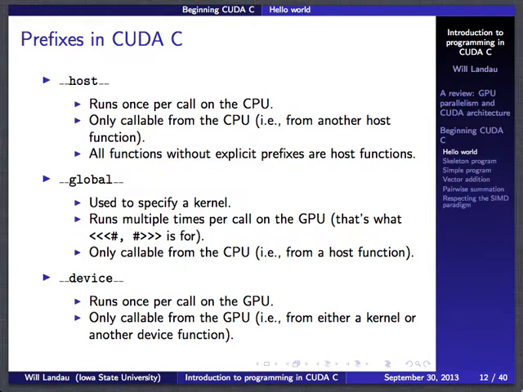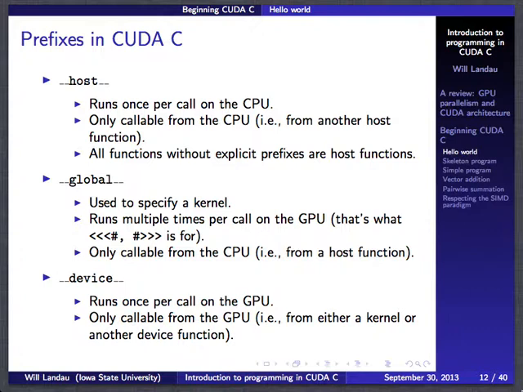So you have functions that run on the host, you have global functions which send things to the GPU, and then you have device functions to break up each thread's instruction set. So you get no parallelism out of device functions. They're called from kernels or other device functions, and they run once per call.